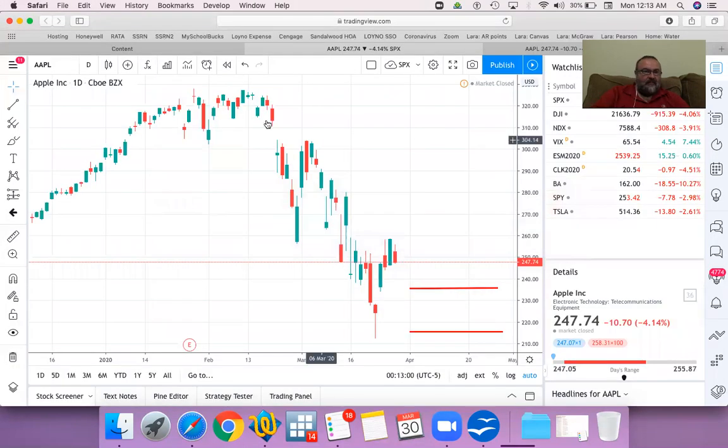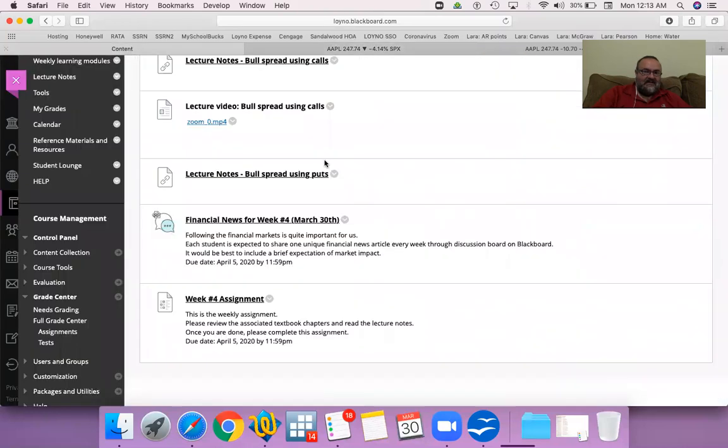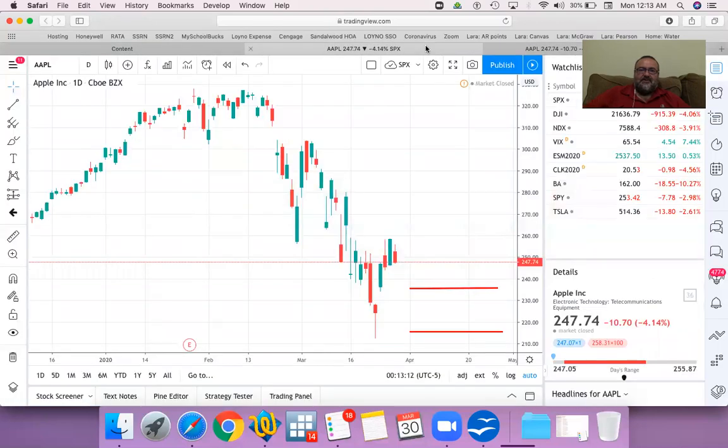Now, the idea is that this is a bull spread, meaning that we have an expectation that it's going to go up, but we are using puts. So this is referred to as a credit vertical spread, or a credit spread with puts.